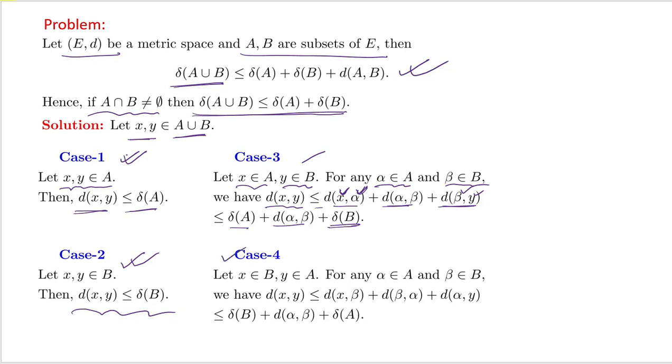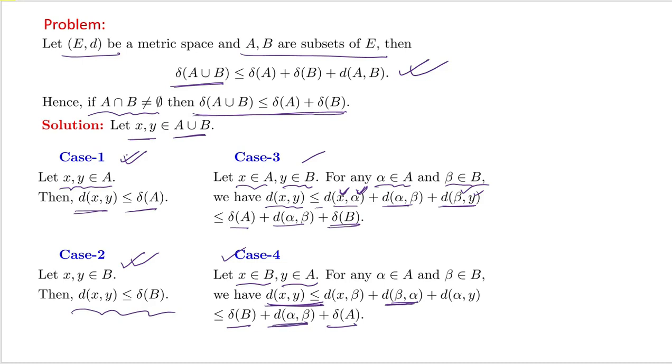Similarly, in case 4, if you take x in B and y in A, then you can find that d(x,y) is less than or equal to delta B plus d(alpha,beta) plus delta A. Here we are applying the symmetry property as well, because d(beta,alpha) is being replaced by d(alpha,beta).